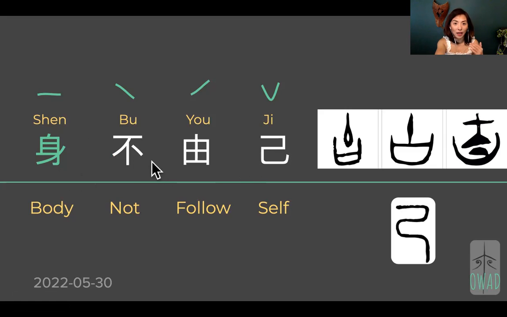This is the one most commonly used, 不. You can translate it as no or not, depending on how it's paired. In this case, because afterwards it's a verb, it's using not as the negation to say not follow, right?